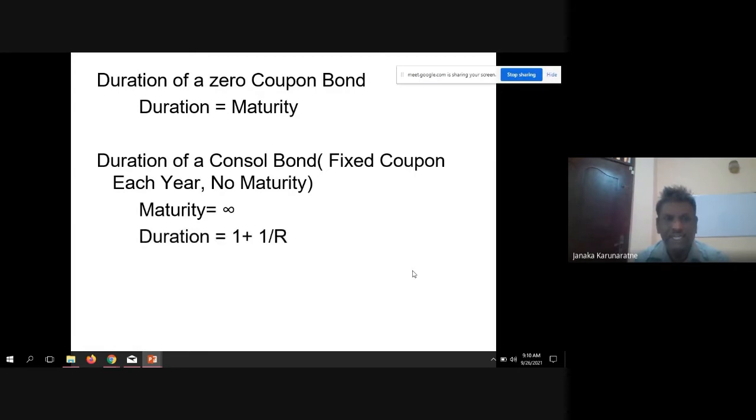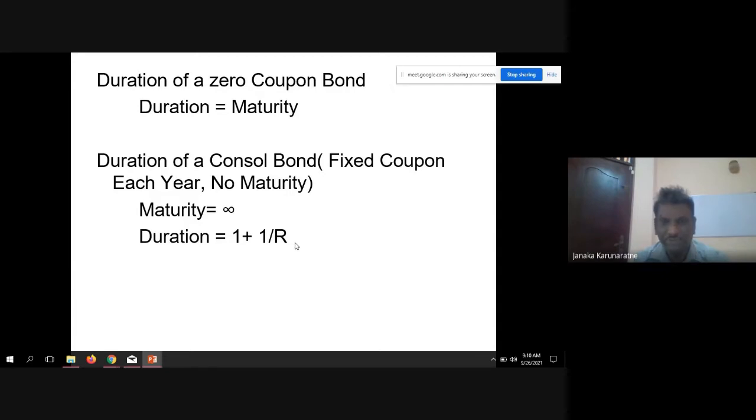In such a bond, it's very simple. The duration equals 1 plus 1 divided by R, where R is the yield to maturity. So if you know the yield to maturity of this bond, you can find the duration.